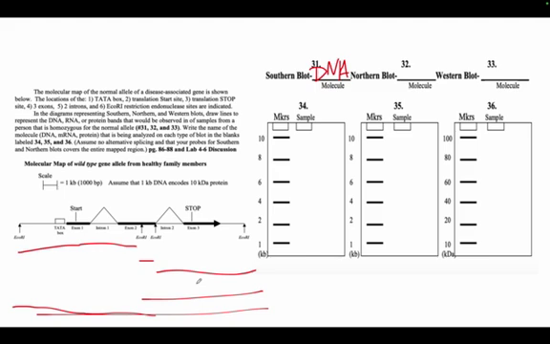Now they've given here a scale where this much is 1 kbp. So if we look at this, I'll assume that this distance is approximately the same as the distance between these two EcoR1 sites. Okay, so this is 1 kb.